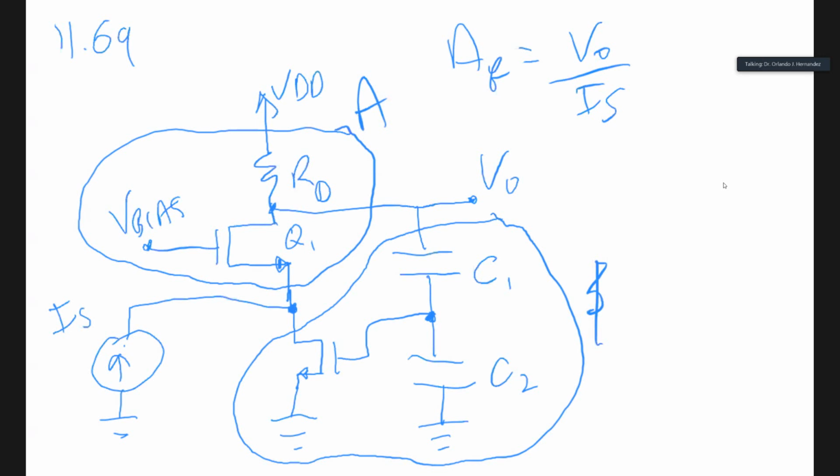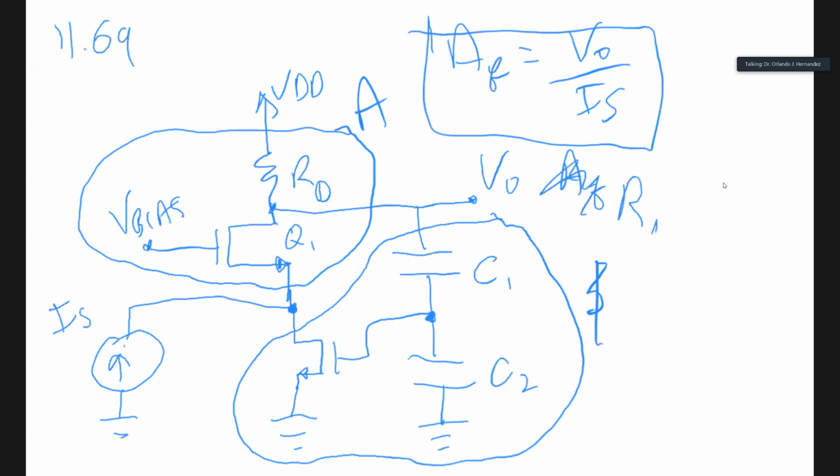And they want us to find AF, which I already show over here. They also want us to find the input impedance. Even though we may refer to it as RI, I usually use the more general term input impedance, but if it's not frequency dependent, then it's just a resistance.